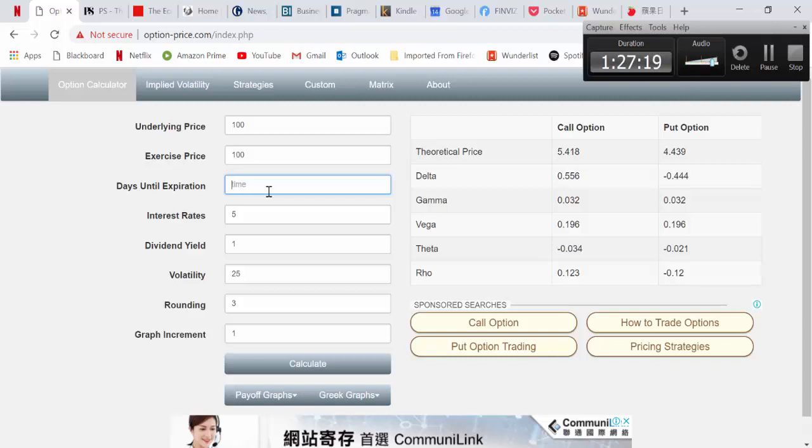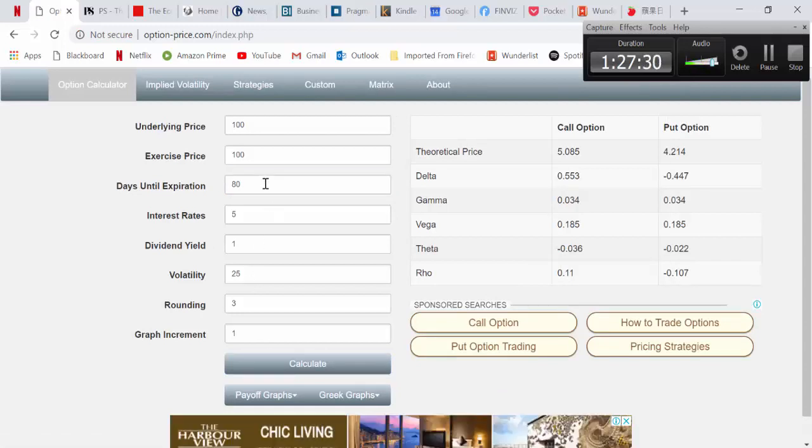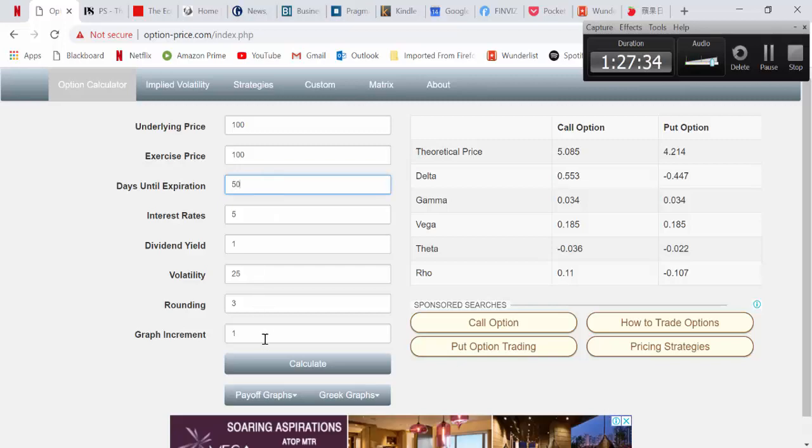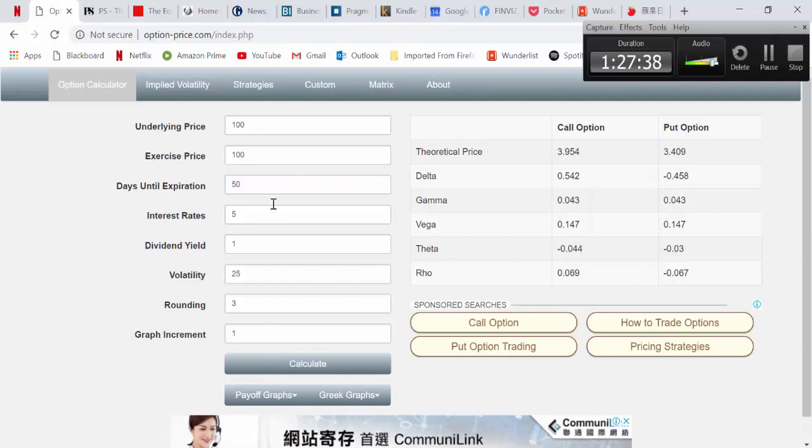And if I put that at 80, watch what happens to the theta. It was minus 0.034, now minus 0.036. I'm going to change it now to 50 days, minus 0.044. 40 days, so every day is losing 4 cents.